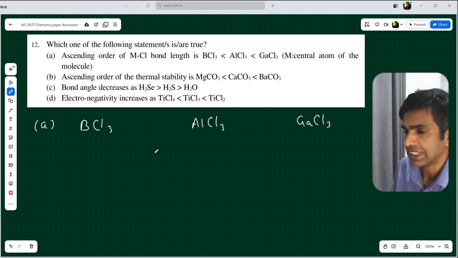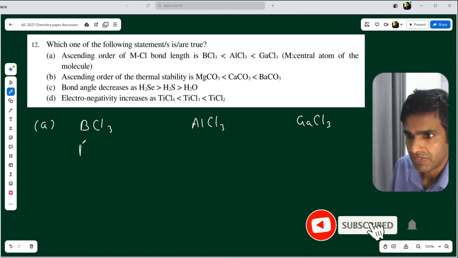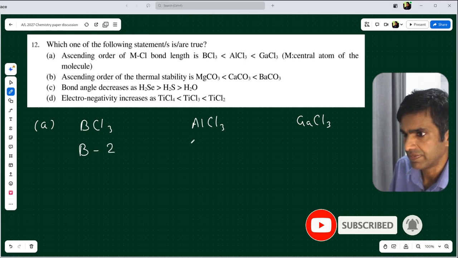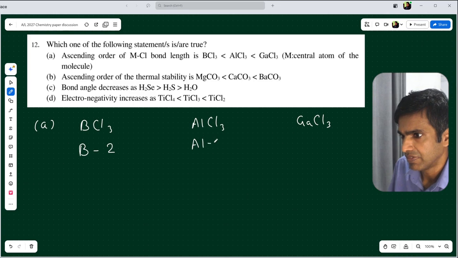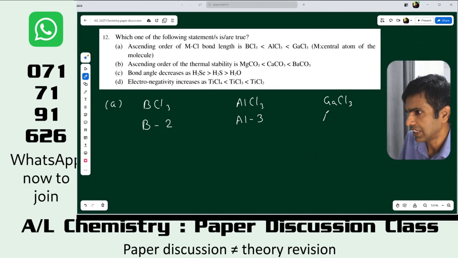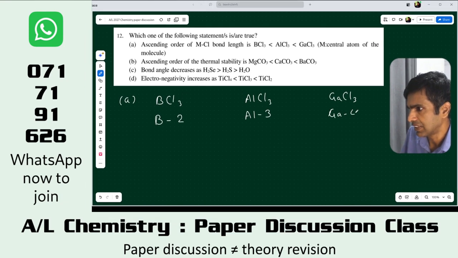When we consider these chlorides, the central atom of BCl3 is boron. What is the valence shell of boron atom? It is second principal energy level. Then what about aluminium? The valence shell is third principal energy level. Gallium, valence shell is fourth principal energy level.